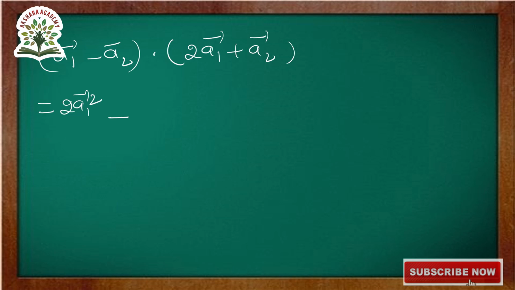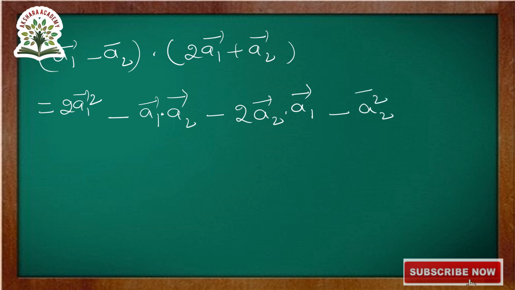So first we take A1 bar into A2 bar. Now minus here 2, this is the dot product, A1 bar dot A2 bar. Here again, 2 into A2 bar dot product of A1 bar, minus A2 dot A2, A2 whole square.